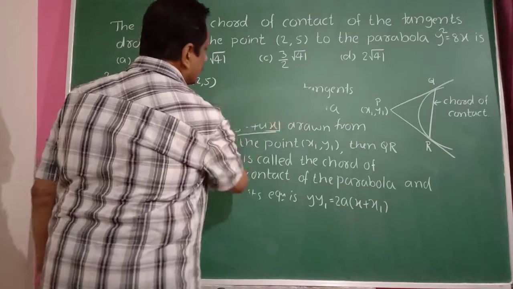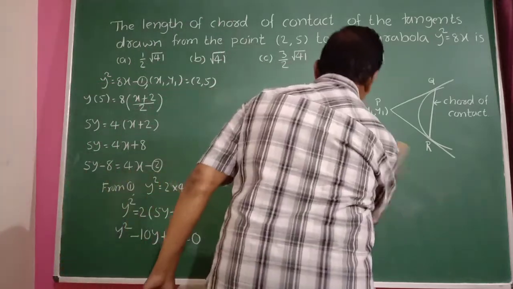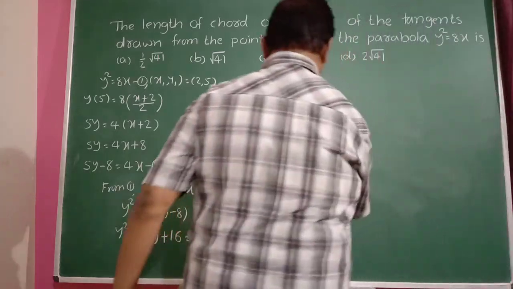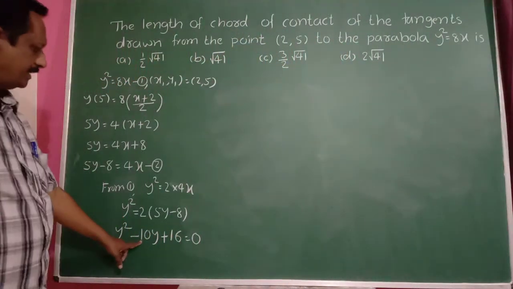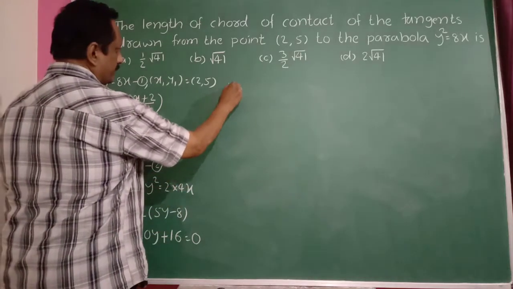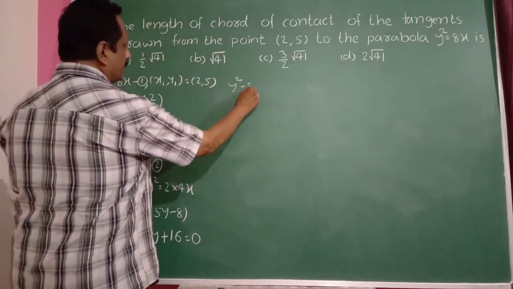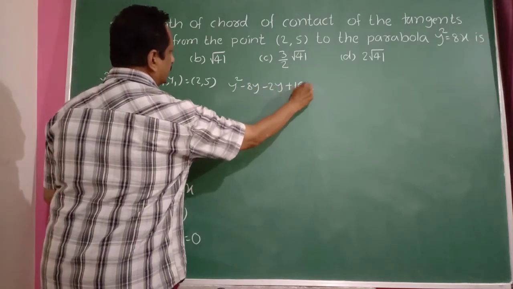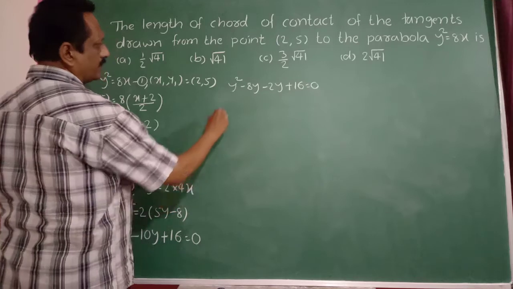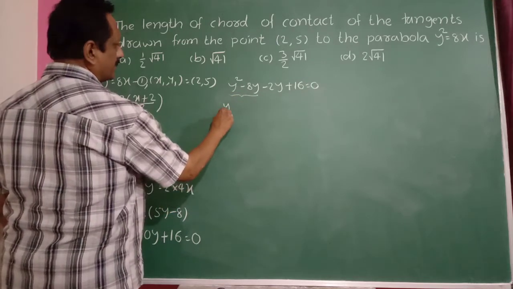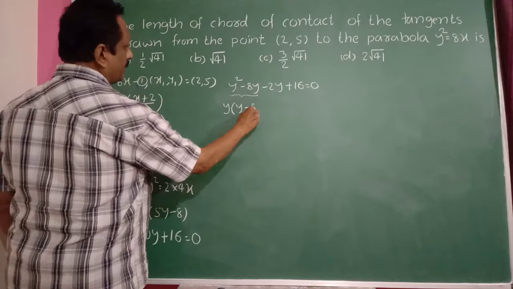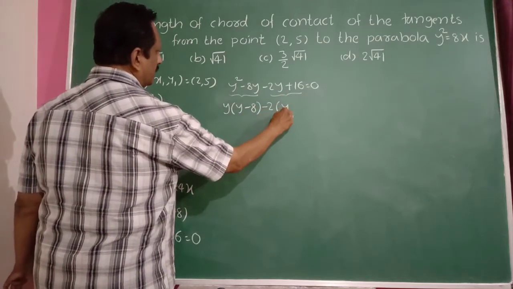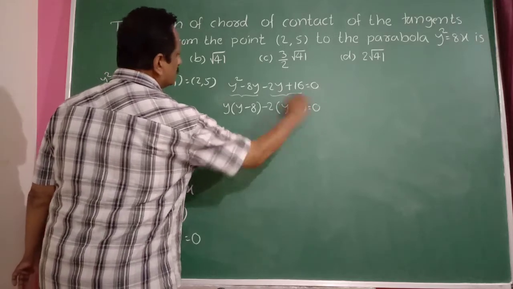Then it is a quadratic equation. Therefore, the product of two numbers should be 16 and the sum of two numbers should be minus 10. So obviously the two numbers are 8 and 2. So y squared minus 8y minus 2y plus 16 equals 0. Then y is a common factor: y (y minus 8), and minus 2 is a common factor: minus 2 (y minus 8) equals 0.